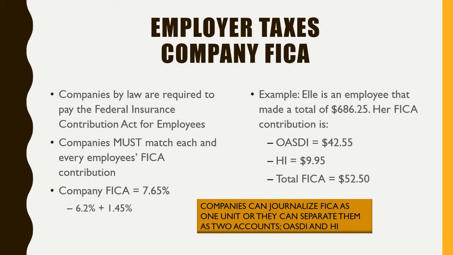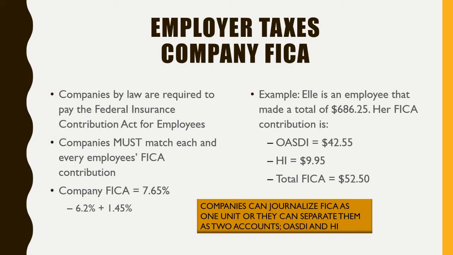But just know that if you do combine them, it's going to be 7.65% again, because Social Security is 6.2 and your Medicare is 1.45, giving you a grand total of 7.65. So you can either add them together and mark them that way, or you can separate them if it makes it easier for you.